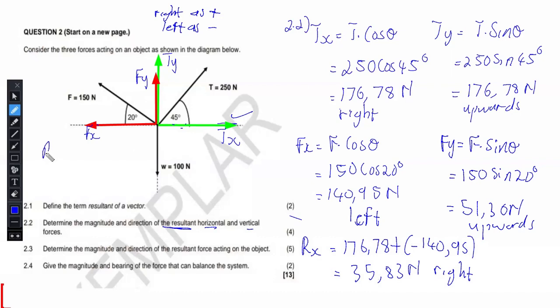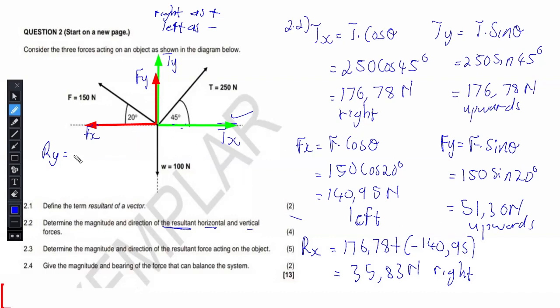Now, let's calculate Ry. With Ry, we must not forget that we also have this one here acting in the opposite direction, which is your weight. So what we are supposed to do is add these ones up because they're all going in the same direction, upward. But then we must subtract this because this also forms part of the vertical forces. So do not forget that one.